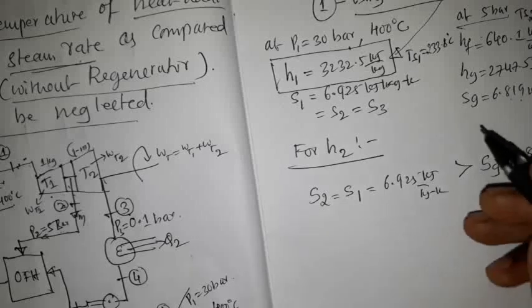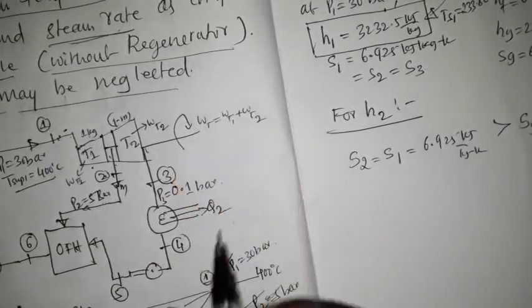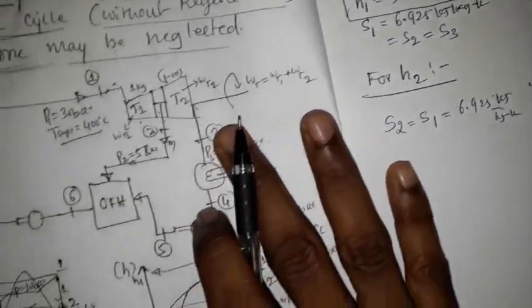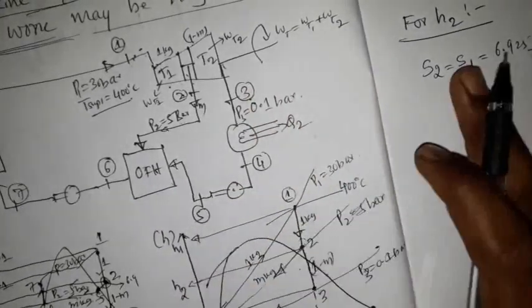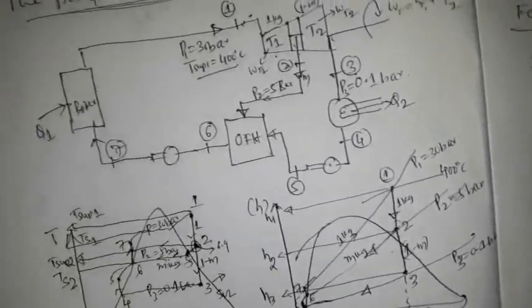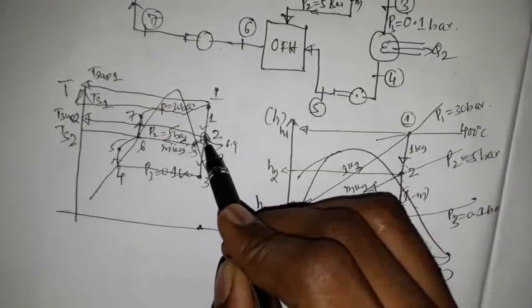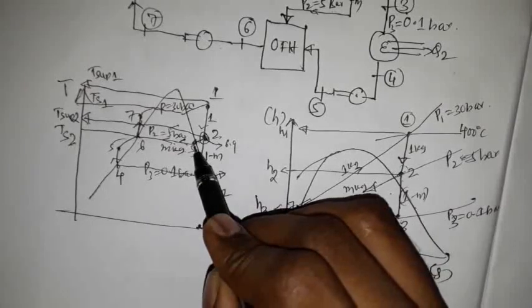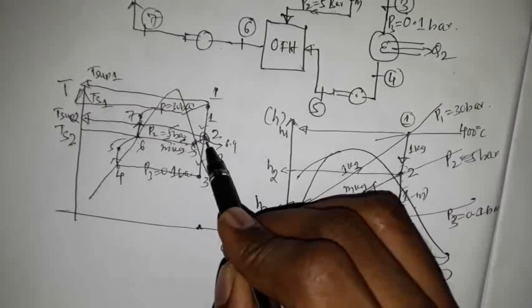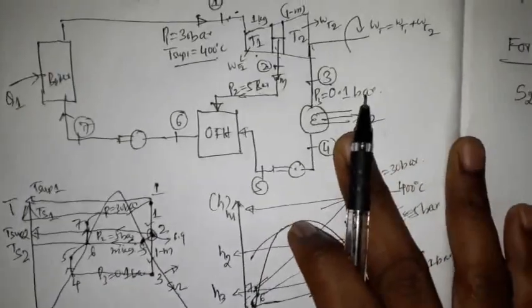So first of all, let's write the expression for enthalpy at state 2. Enthalpy at state 2 can be obtained using the formula H2 equals Hg2 plus Cp into (T superheat 2 minus T S2).